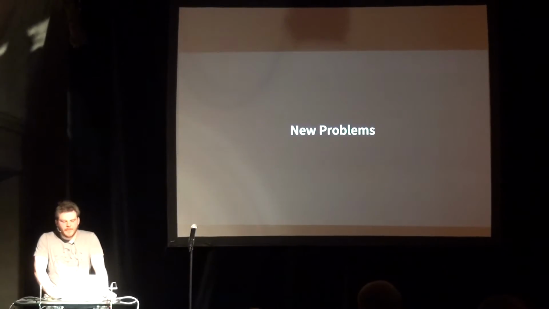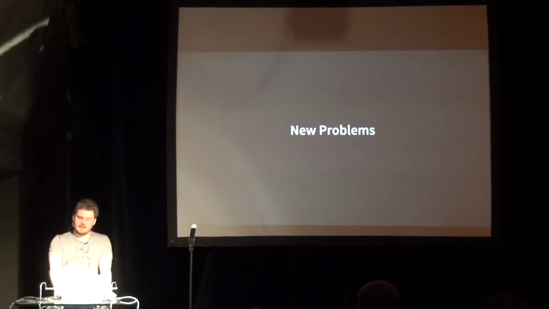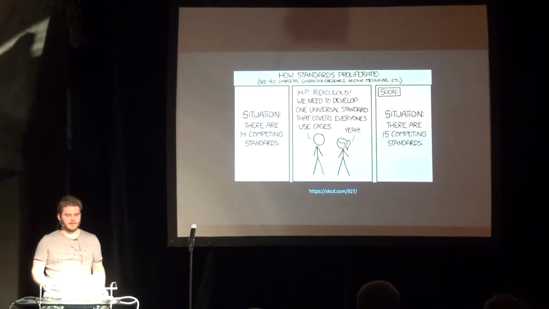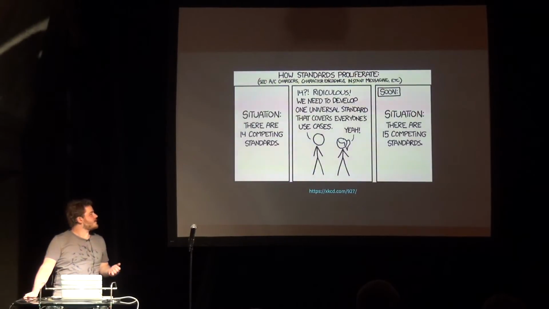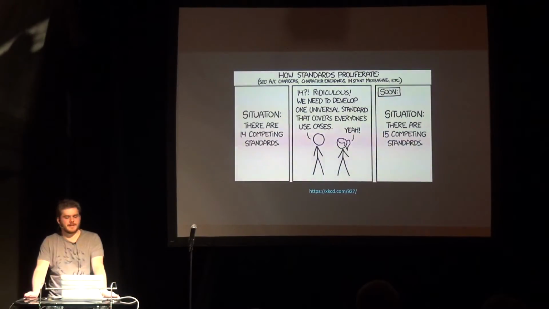But one of the biggest problems I see is basically the following. That's from XKCD, how standards proliferate. Situation: there are 14 competing standards. 14, ridiculous. We need to develop one universal standard that covers everyone's use cases. Yay! Situation: there are 15 competing standards.